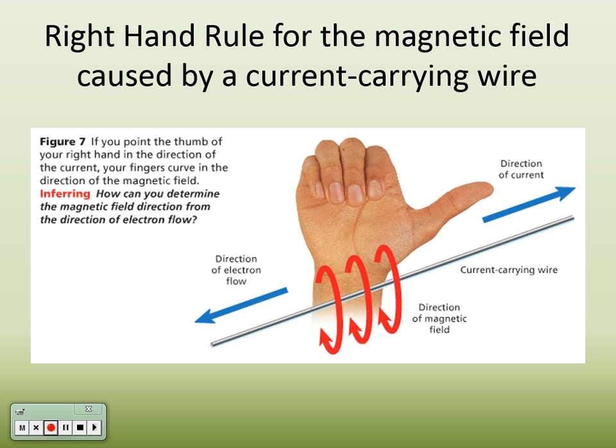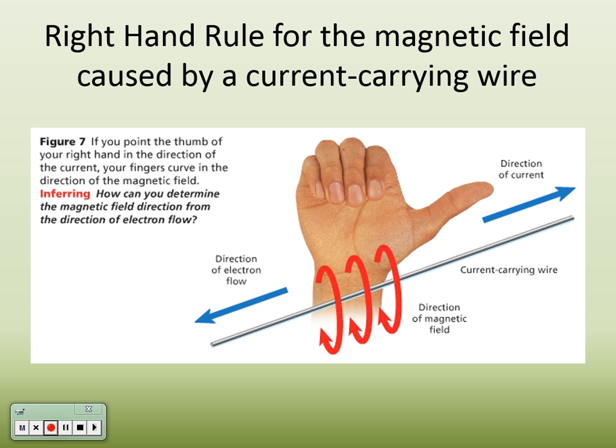It's a rather large conductor, but it's a conductor. I'm not going to hook it up to a voltage source. I'm just going to use it to demonstrate. So, when current is flowing through this conductor, we use our right hand and we put our thumb in the direction that the current is flowing through this conductor.